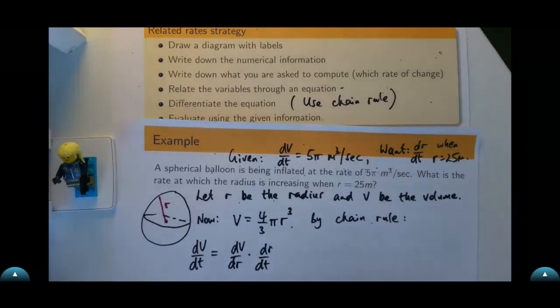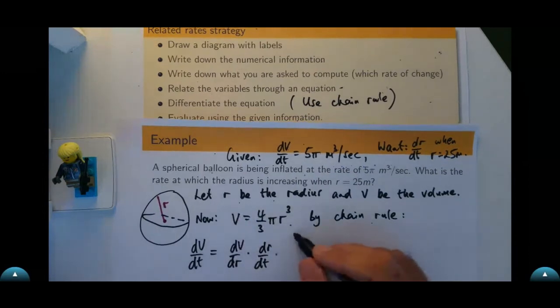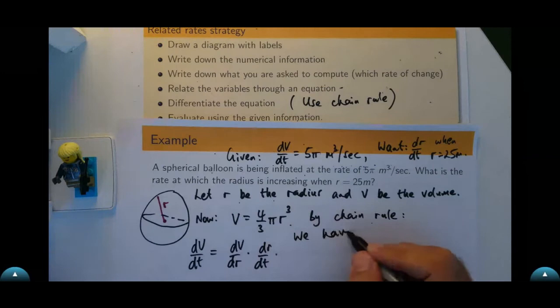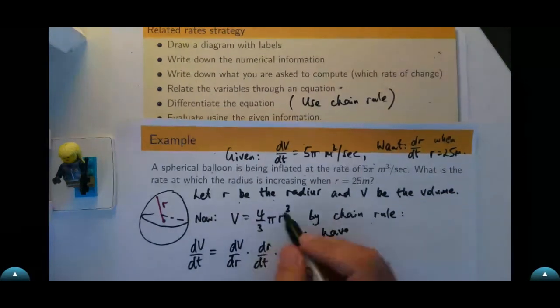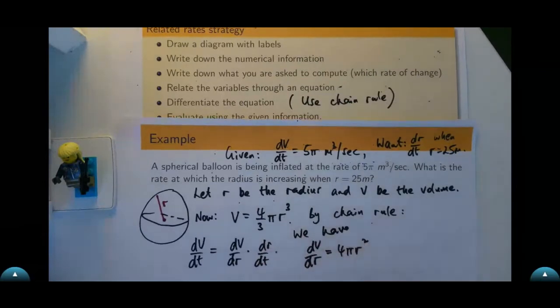Okay, so can we compute dV/dr from that? Of course we can. So I differentiate this with respect to r, it's going to be 4 pi r squared, okay?